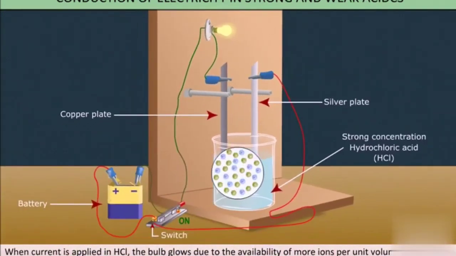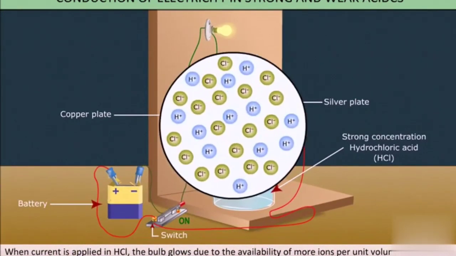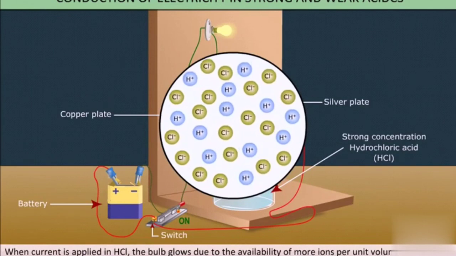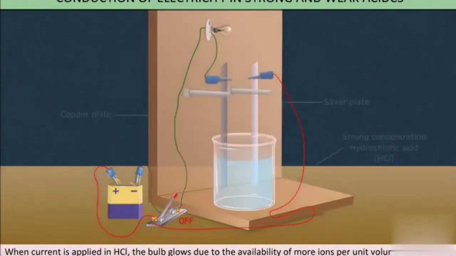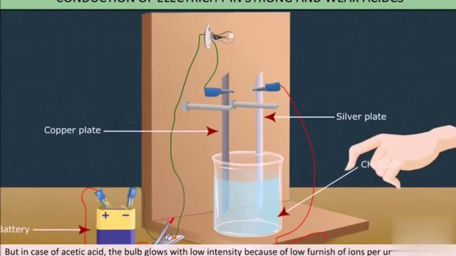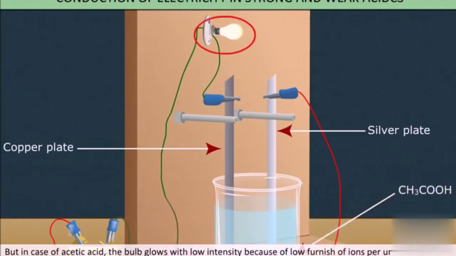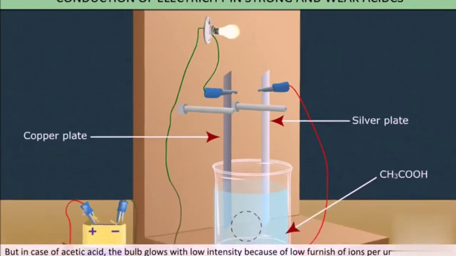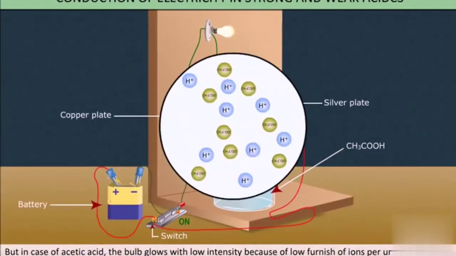You know that hydrochloric acid is a strong acid. But in case of acetic acid, the bulb glows with low intensity because of low furnish of ions per unit volume. Acetic acid is a weak acid.